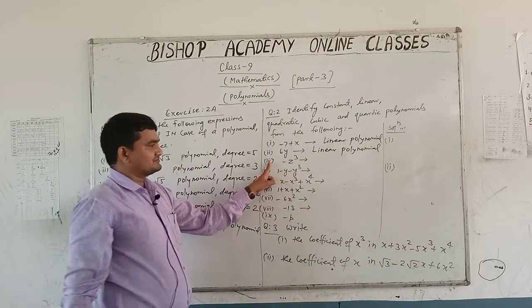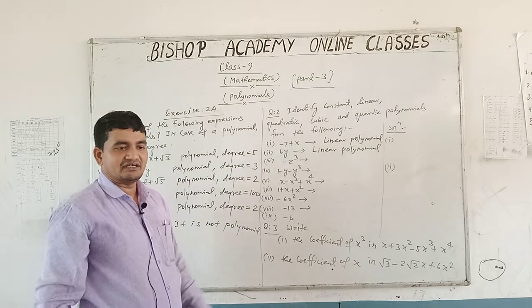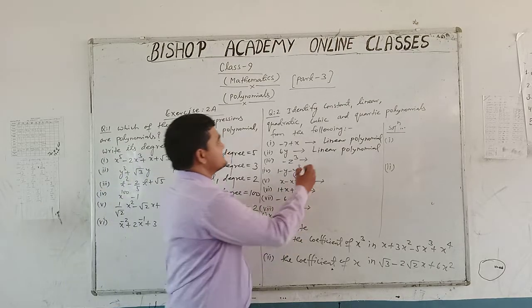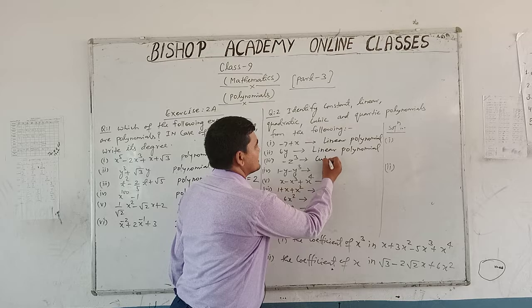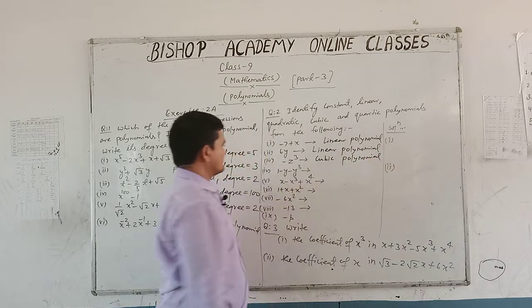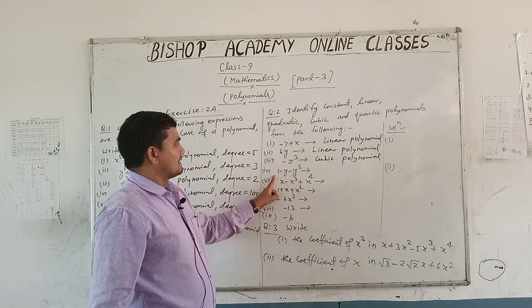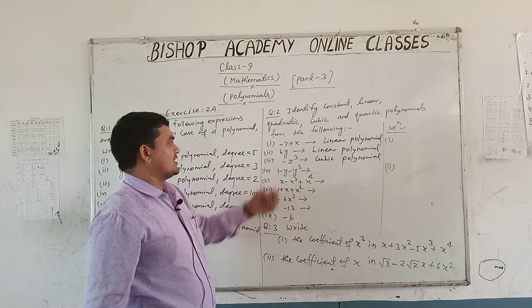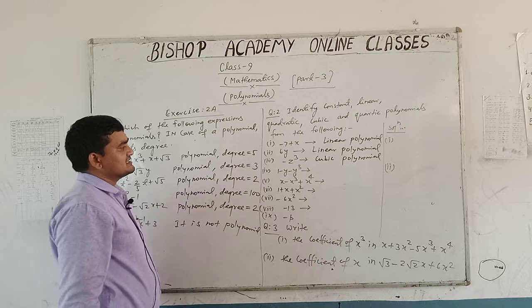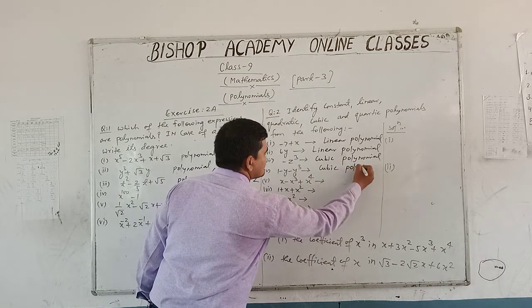In third part degree of this polynomial is 3, and also we know that when degree of polynomial is 3, then it is cubic polynomial. Now in fourth part we see highest power of this polynomial is 3, means its degree is 3, therefore it is cubic polynomial.